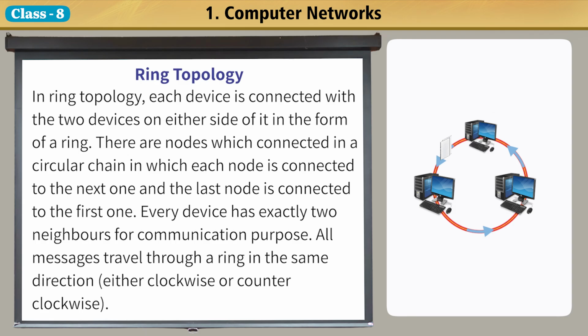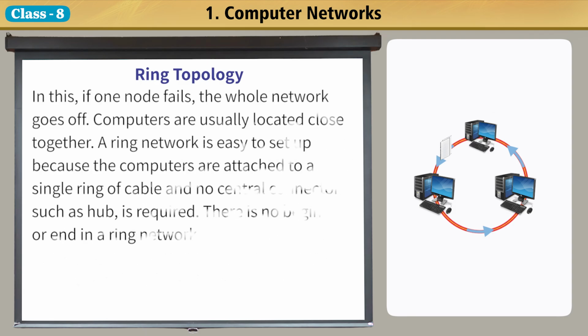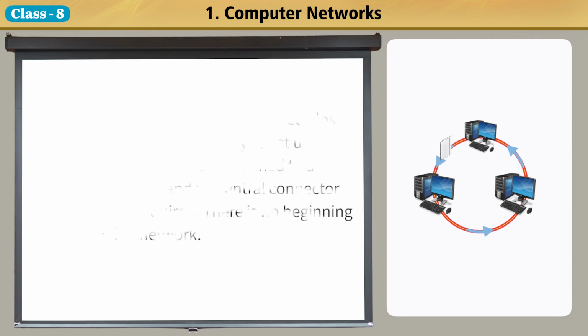All messages travel through a ring in the same direction, either clockwise or counterclockwise. In this, if one node fails, the whole network goes off. Computers are usually located close together. A ring network is easy to set up because the computers are attached to a single ring of cable and no central connector such as a hub is required. There is no beginning or end in a ring network.